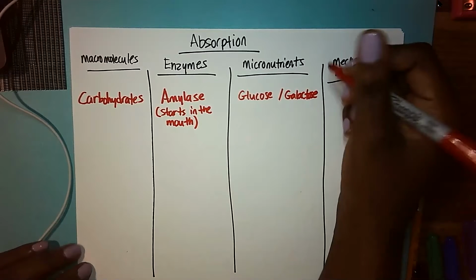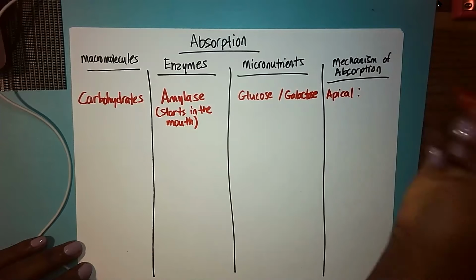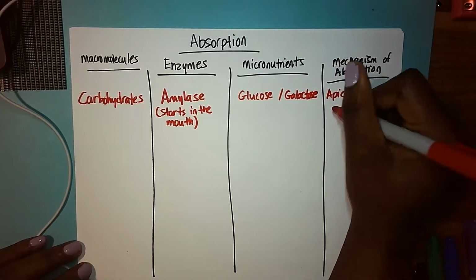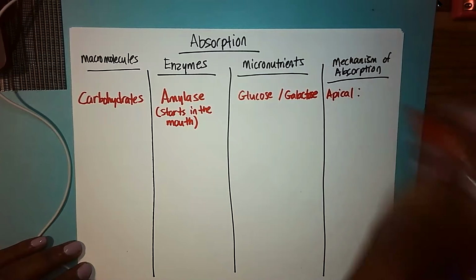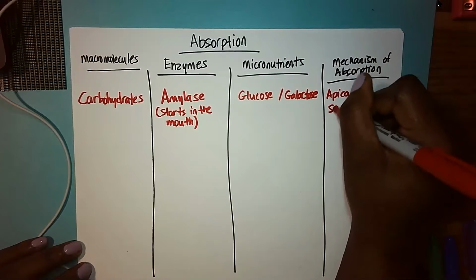The mechanisms for absorption we said across the apical surface. It was secondary active transport, not the sodium potassium pump, excuse me.